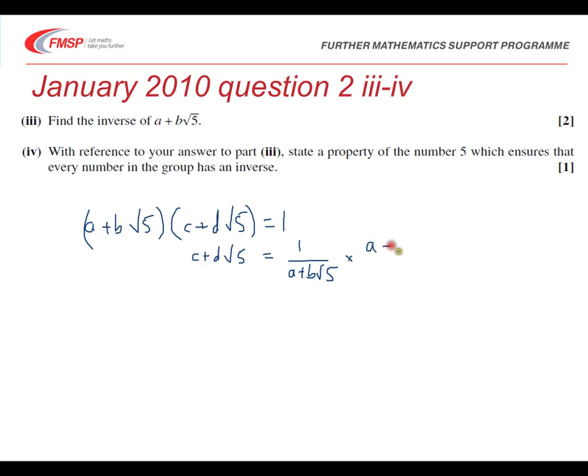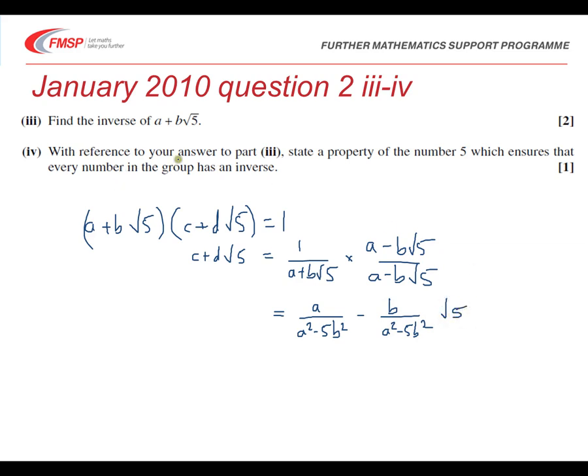How do we rationalise the denominator? Well, multiply by a minus b root 5 over a minus b root 5. I'm going to get a common denominator here of a squared minus 5b squared. My first term then is going to be a over that, and my term in root 5 is going to be minus b over a squared minus 5b squared root 5.